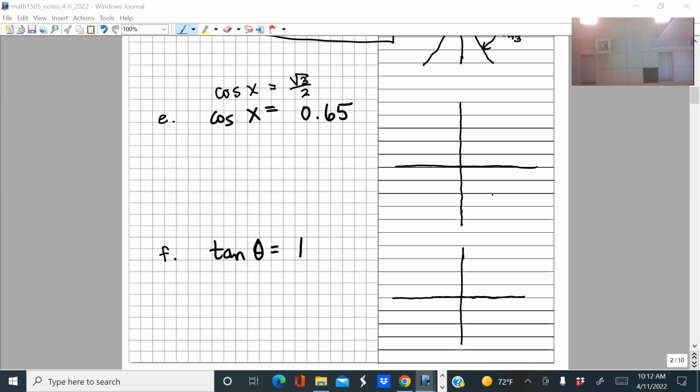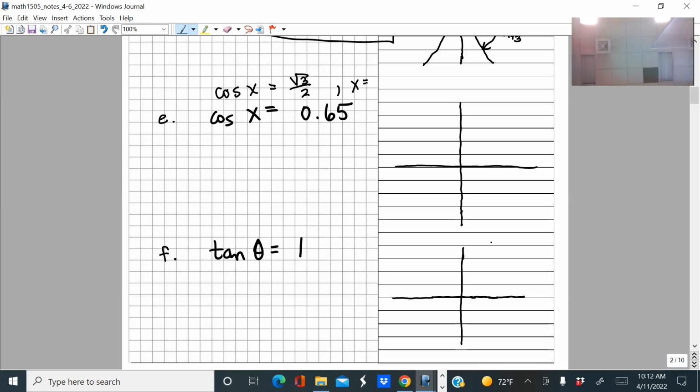This equation is asking for an angle x such that its cosine is square root of 3 over 2. That's going to be a special angle, so you can rely on your knowledge of special angles to figure out what one solution to this equation has to be. What's an angle whose cosine is square root of 3 over 2?